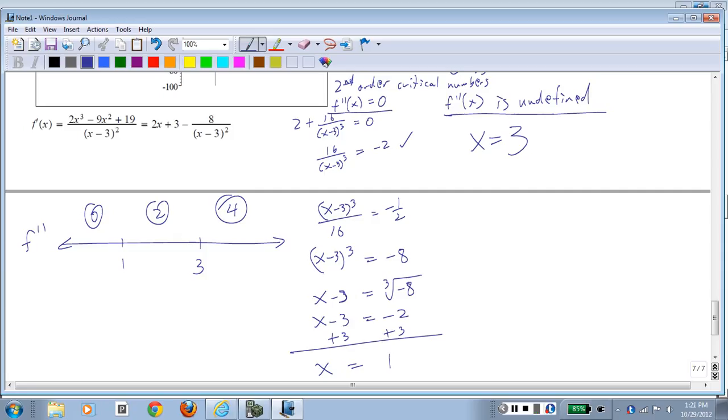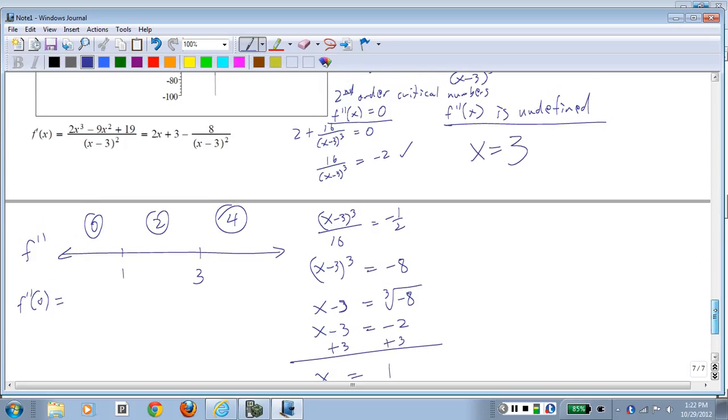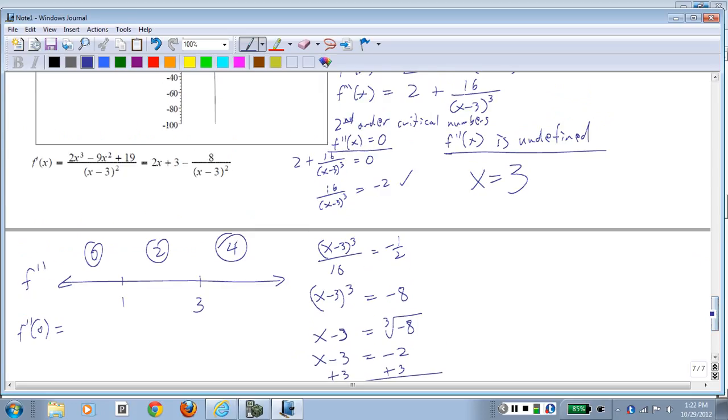Let's evaluate the second derivative at each of these numbers. f double prime of 0. Where's the expression for f double prime? It's 2 plus 16 over (x - 3)^3. So that would be 2 plus 16 over (-3)^3, 2 minus 16/27.